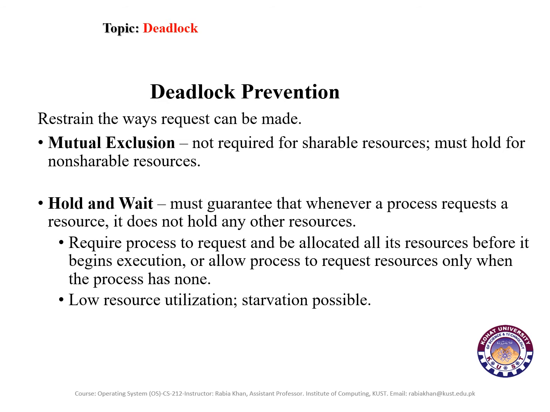So what were the four conditions? Mutual exclusion, hold and wait, no preemption, and circular wait. All of these four characteristics should appear simultaneously for the deadlock to appear in your system. Now, how can we eliminate any one of them?